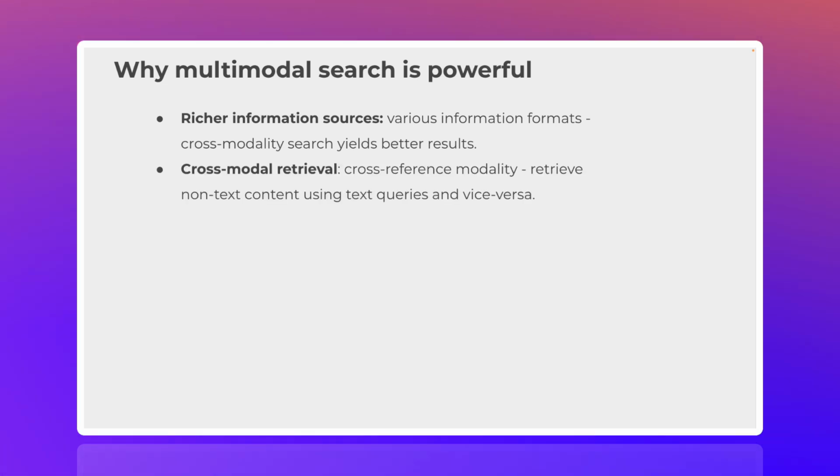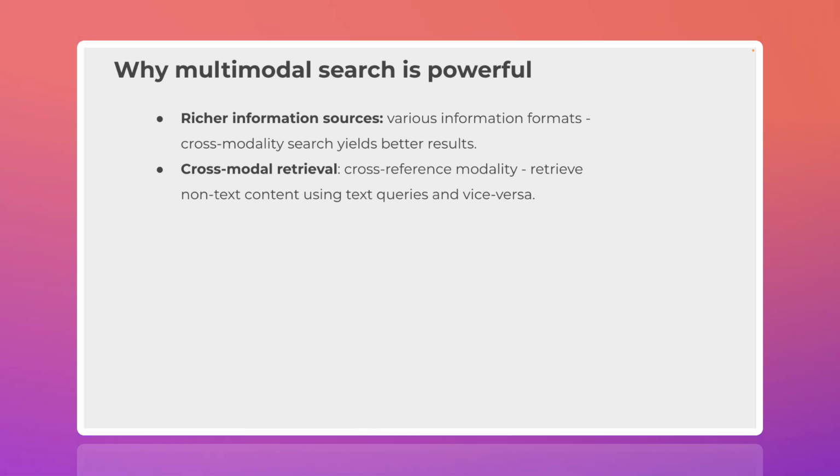And we also have cross-modal retrieval. Here, one of the most powerful aspects of multimodal search is the ability to cross-reference modalities. This allows for retrieving non-text content using text queries and vice versa. For instance, a user can search for machine learning architecture and receive both diagrams, image-based in this case, and explanatory articles, text-based in this case, right?